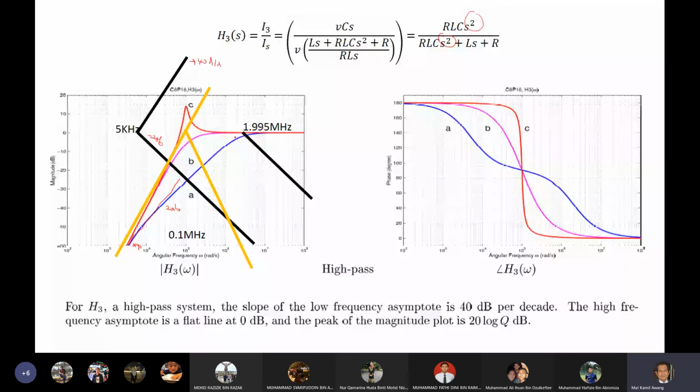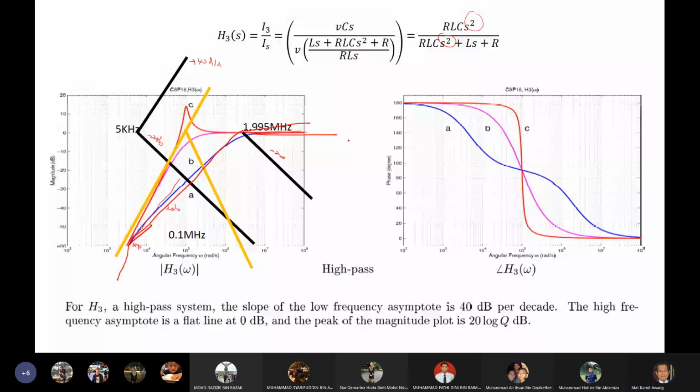Then it hits 1.99, and this is minus 20 dB, so it starts to become 0. So if you draw this, you have minus 40, then minus 20, then 0. Right? So that is for the first one.